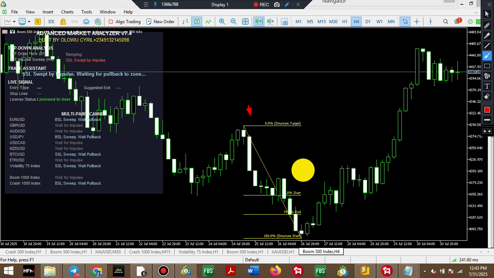And the system is programmed that once this thing moves from here and takes a new position, you are going to receive a message. That was the message I told you, that you are going to see impulsive move under the parameters. So immediately there's an impulsive move and sweep, an alert is going to pop up as soon as it detects it. And if you're using VPS, it's going to send you a notification.